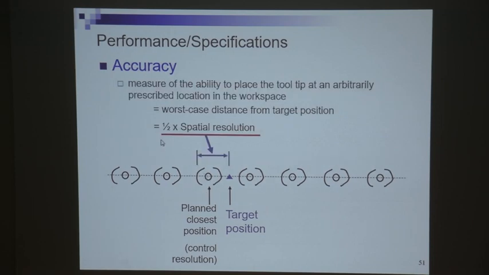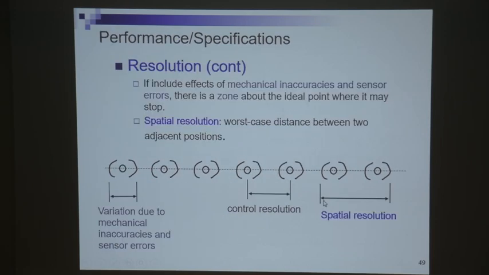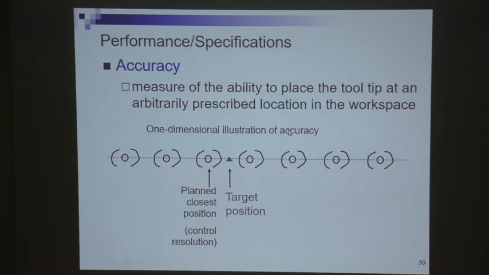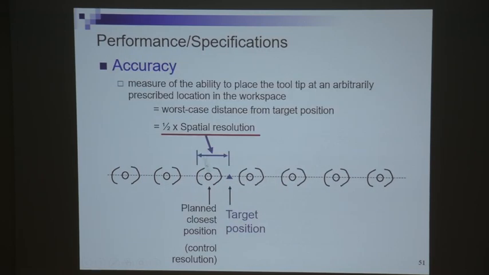How do you measure the accuracy? Your accuracy will be equal to the worst-case distance from the target position, which is half times the spatial resolution. So you have the spatial resolution from here, and half times the spatial resolution from the target position will give you the accuracy.